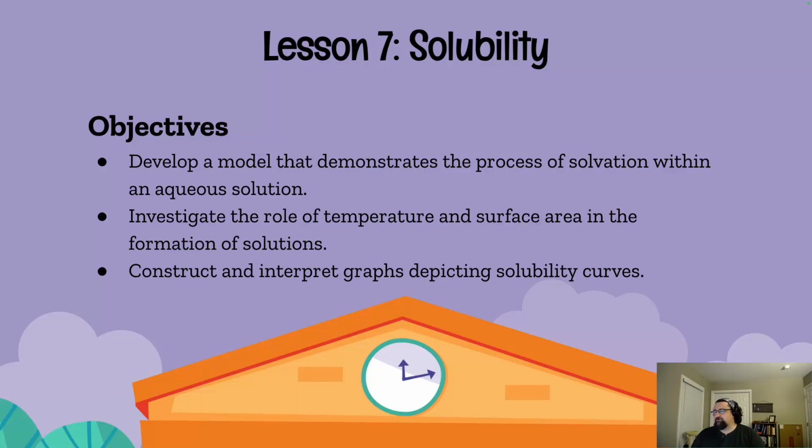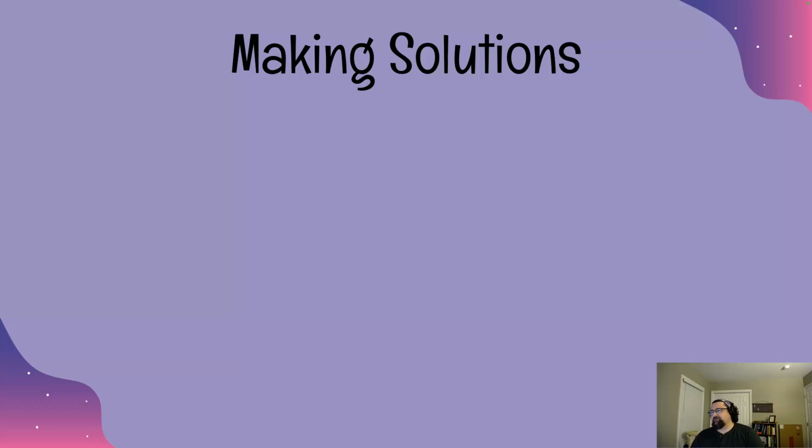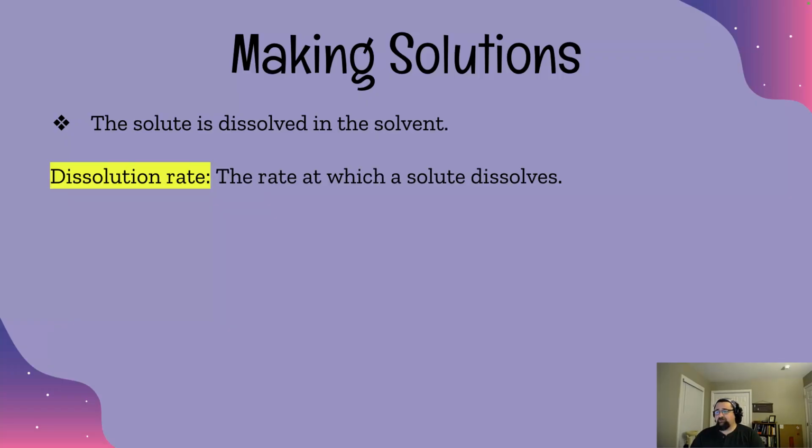Okay, so now we're going to talk a little bit about solubility, which has to do with how much dissolves. When we're talking about making solutions, we're going to say that the solutes dissolved in the solvent, and there's something called dissolution rate, which is the rate at which a solute dissolves.